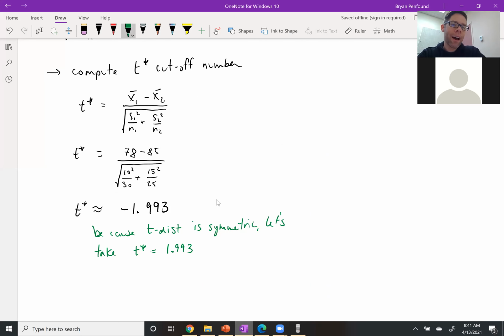So the idea now is to understand that we're working with the T distribution with 24 degrees of freedom.